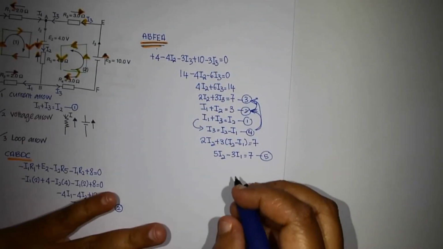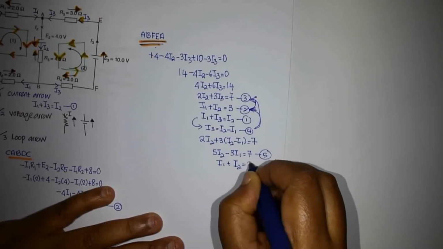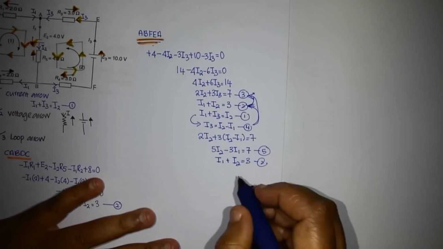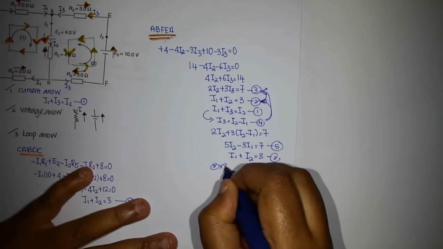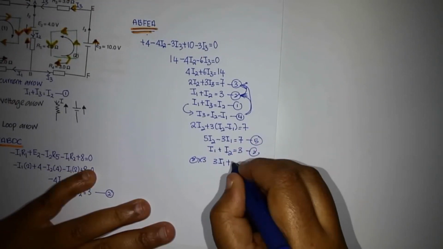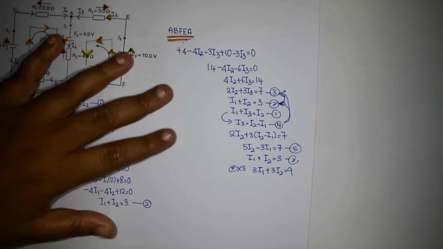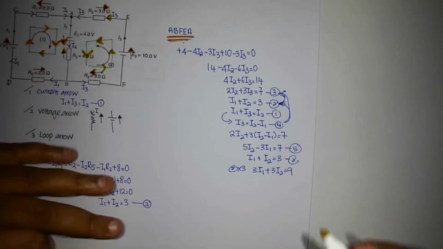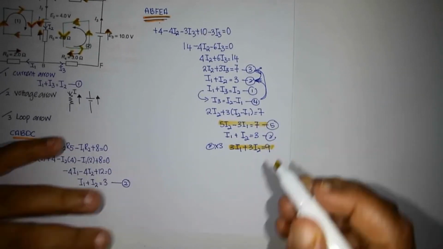Okay, and then number 2 is I1 plus I2 equals 3. This one is number 2. So I take number 2, I times it with 3. You can do your own way, class. I'm just trying to solve this. 3I1 plus 3I2 equals 9. So I look at this equation and this equation.